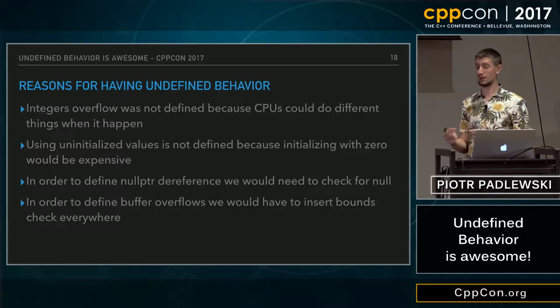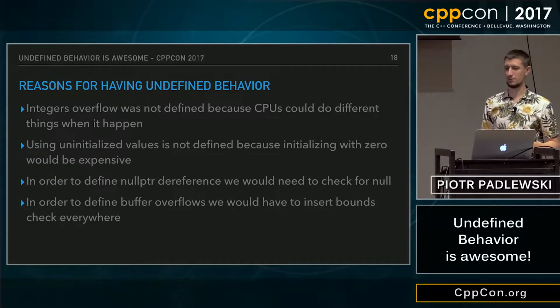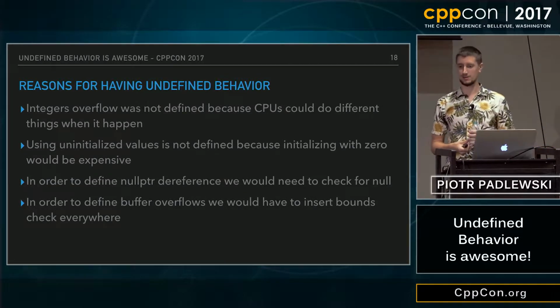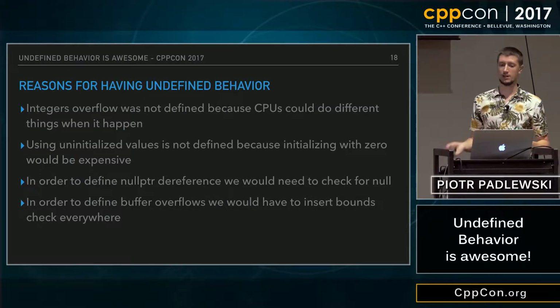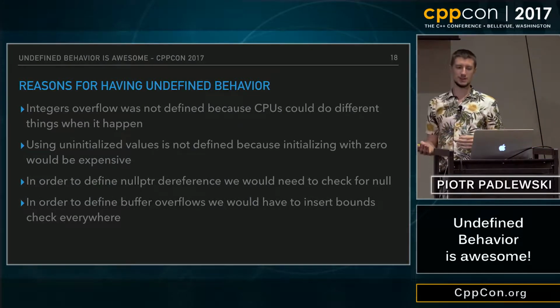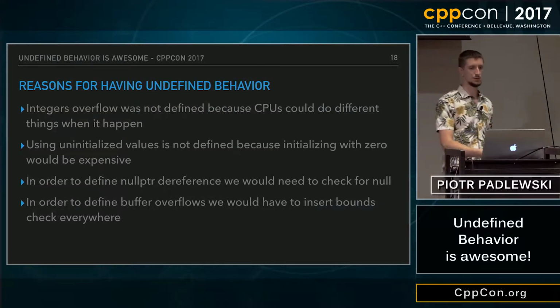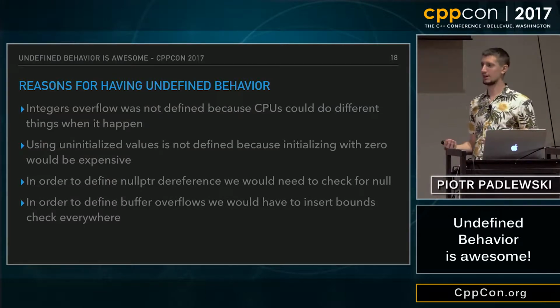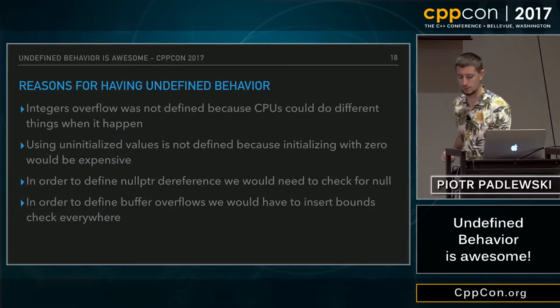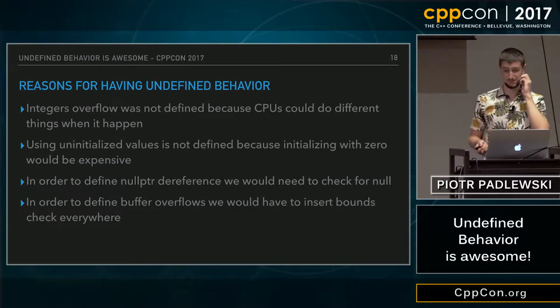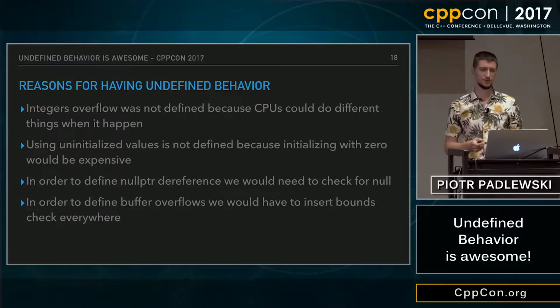It could behave like the CPUs that we use today, or it could saturate. There are different things, and the standard couldn't say that this one thing will happen, because it would cause some CPUs to be slower. So it just didn't define it.